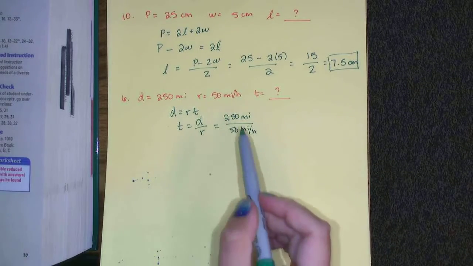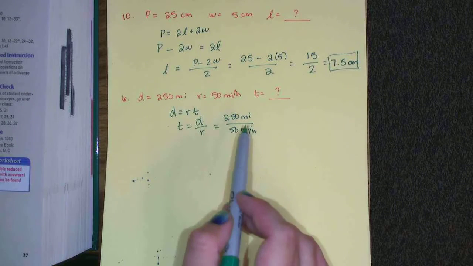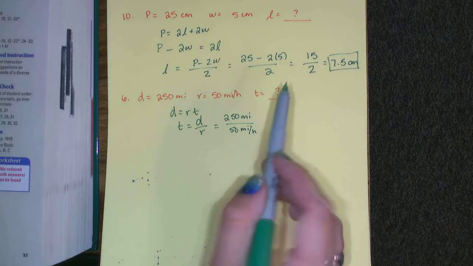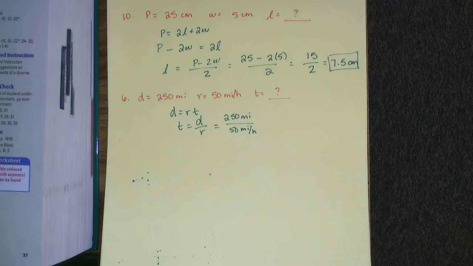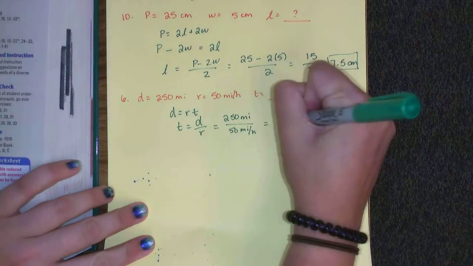Now, it looks like you're going to end up with miles times miles over hours, but remember this is technically a fraction here, so when you flip it, your units are going to cancel to leave you with the hours you're looking for, your T. You don't actually have to show that. I'm just explaining where that's coming from. So, what is this? So this is 5 hours.